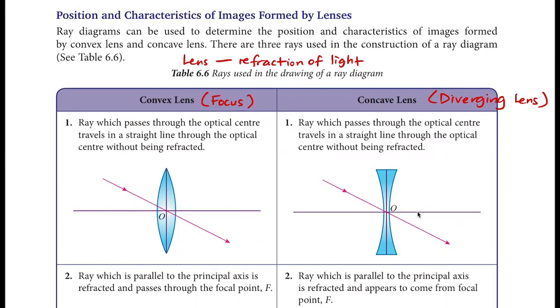So for both convex lens and concave lens, if the ray passes through the optical center O, it will travel in a straight line without being refracted. That is the first rule.